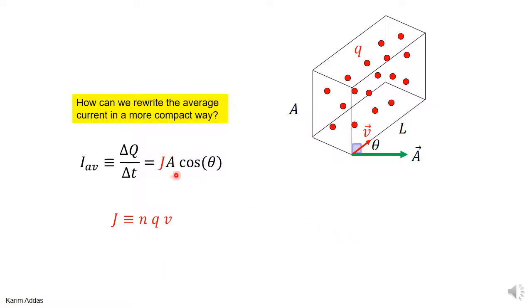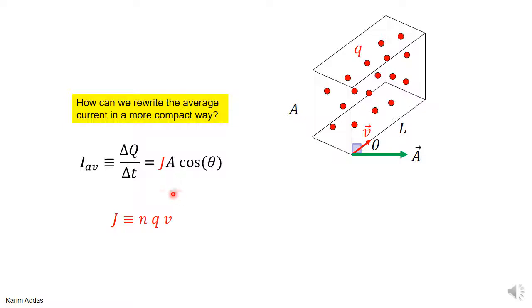So the difference between this case and the case where the charges were moving at 0 angle is that you have this cosine theta term multiplied. Now, whenever you see something times cosine, you can immediately guess that we're going to use a dot product here. But the problem is that j so far is a scalar. We defined it as just numbers multiplied by each other. The area can be known as a vector. We've seen in Gauss's law that area is a vector.